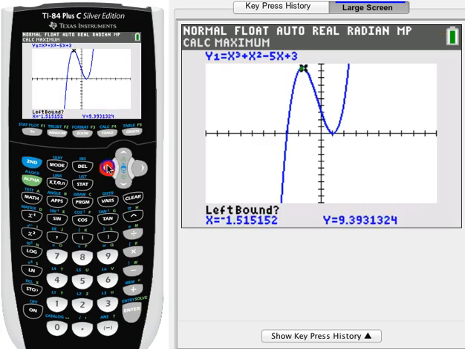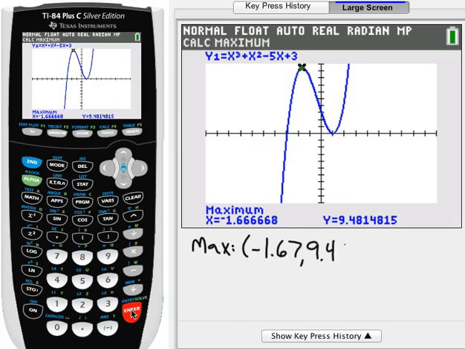So I'm going to go till I'm left of that point, hit enter. Now it's prompting me for the right bound. I'm going to go right of that point, hit enter. And there we go. So my max is occurring at the point -1.67, 9.48.